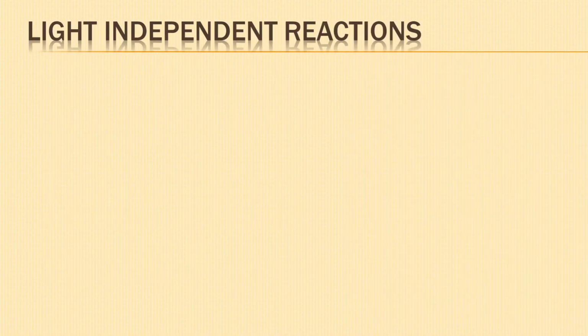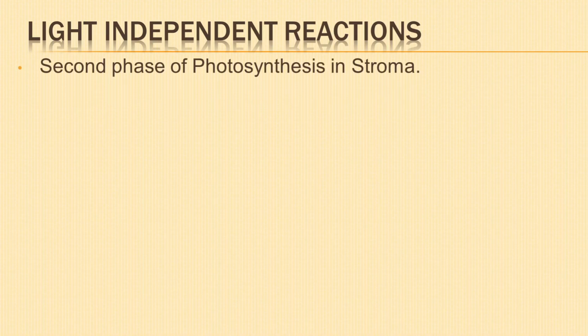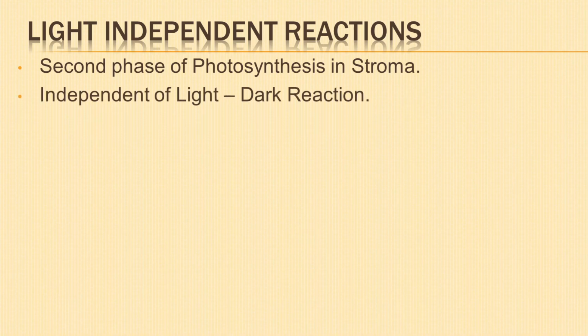Next are the light-independent reactions or dark reactions. This is the second phase of photosynthesis, which occurs in the stroma of chloroplast. It is independent of light and hence known as dark reaction.